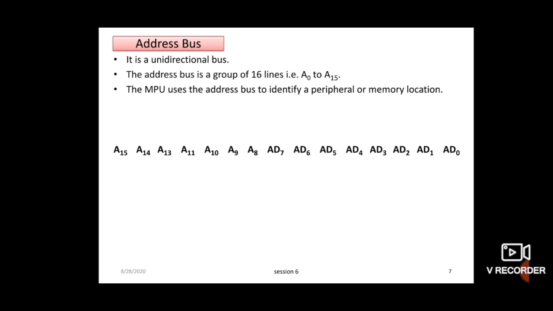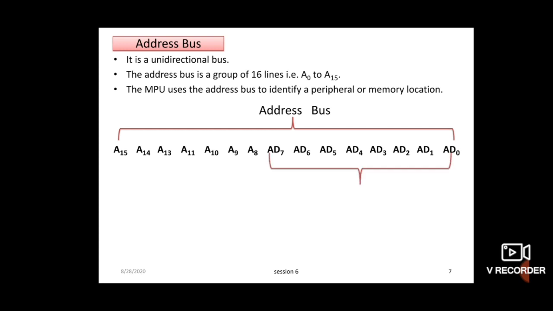The first of these address lines mean the lower order address: AD0, AD1, AD2, AD3, AD4, AD5, AD6, AD7. These lower address lines are also combined with the data bus, meaning on the same lines the data will be carried.